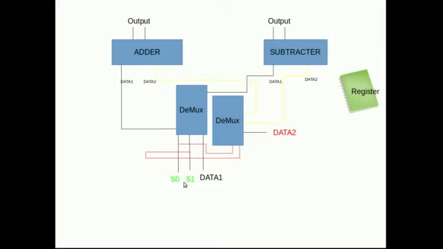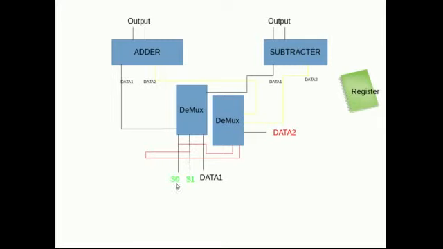So let's say S0 is 0 and S1 is 0, then it outputs data 1 into the adder. When you change that to 0 1, it outputs data 1 to the subtractor. And similarly, there is another demux that controls the flow of data 2, and notice that both the switches are shorted, so basically both have the same input.